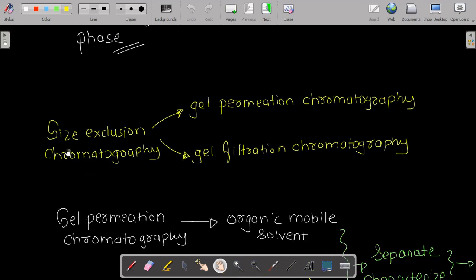Size exclusion chromatography includes gel permeation chromatography and gel filtration chromatography.